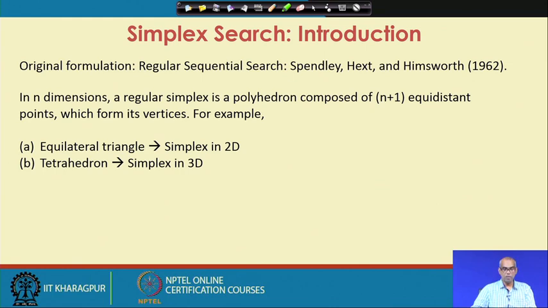A regular geometry composed of 3 points in 2 dimensions is an equilateral triangle. So, a simplex in 2 dimensions is an equilateral triangle. Similarly, a regular simplex in 3 dimensions will be composed of 3 plus 1, 4 points, and it will be a tetrahedron.